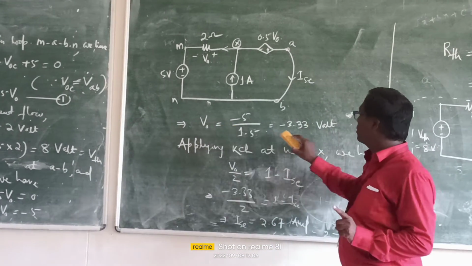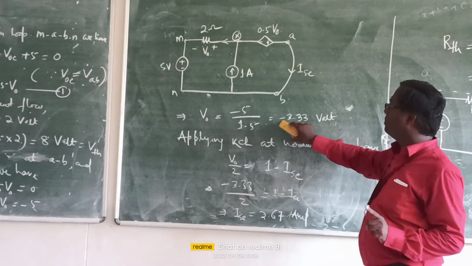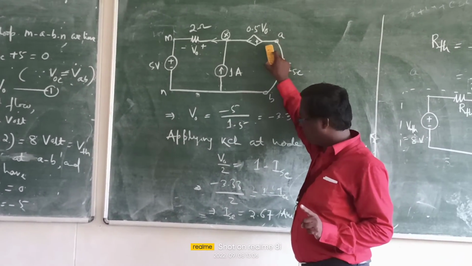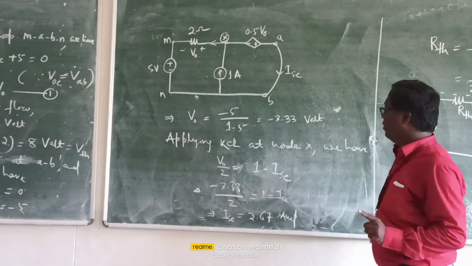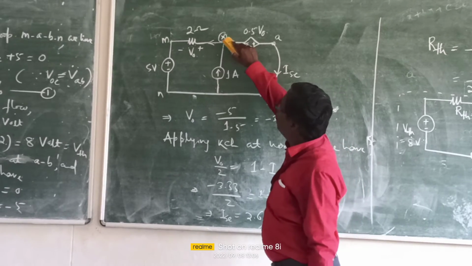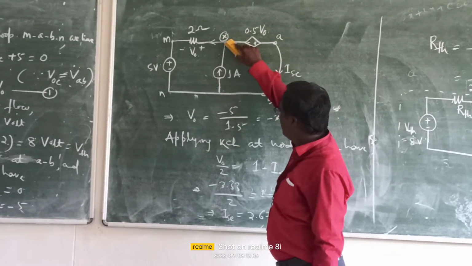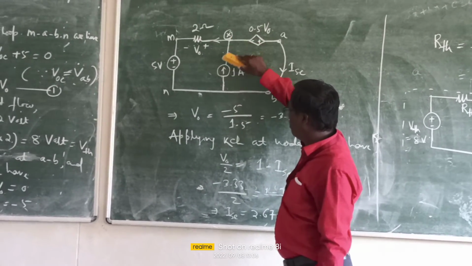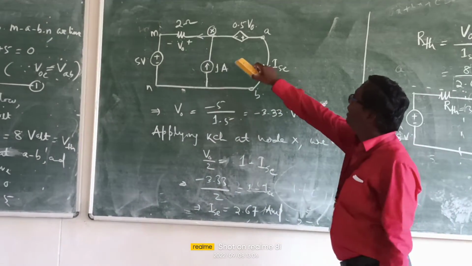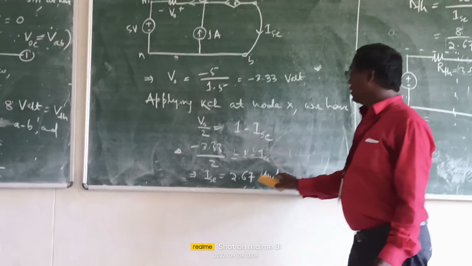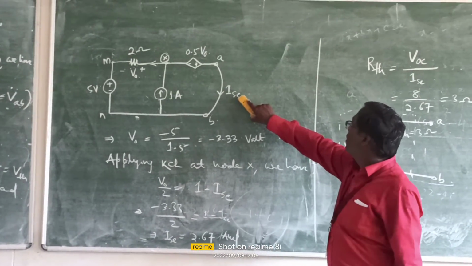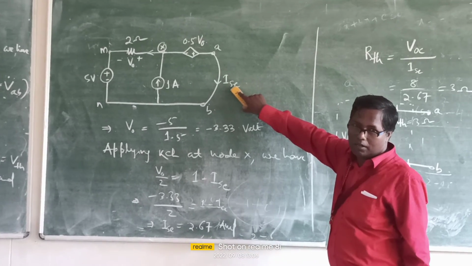So now you got the value of 3.33. Then, applying Kirchhoff's current law at this node, sum of incoming current must equal sum of outgoing current, we can find the value of short circuit current.